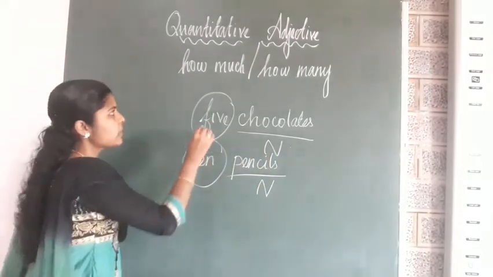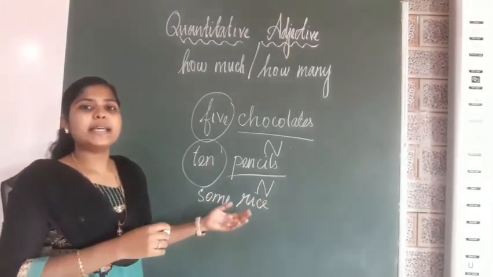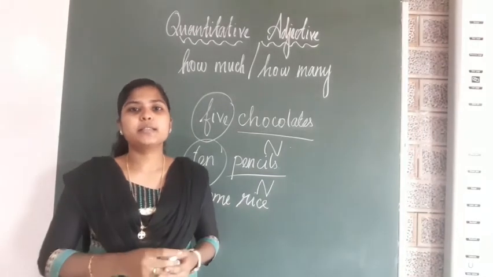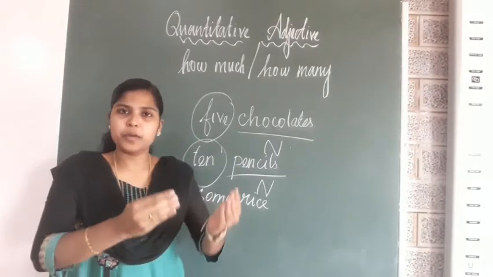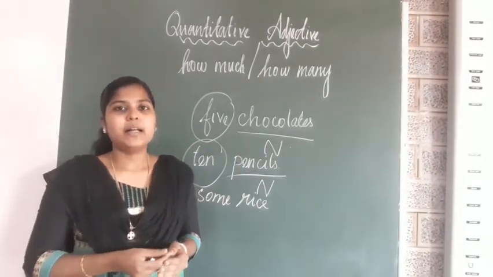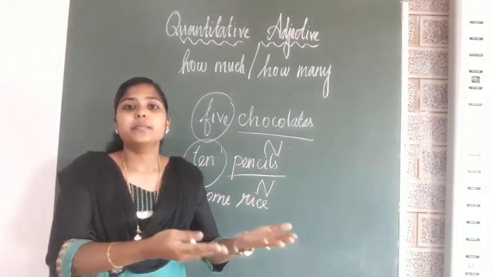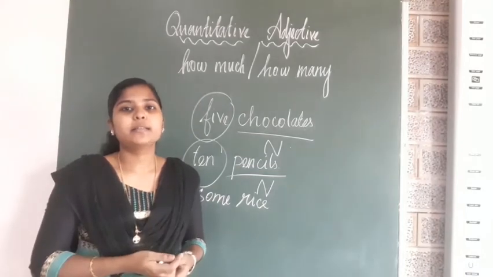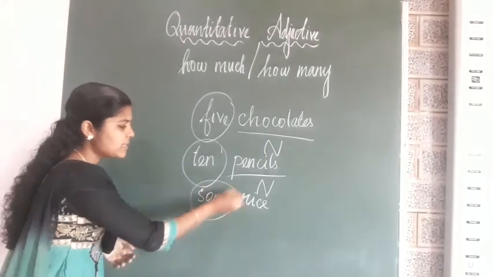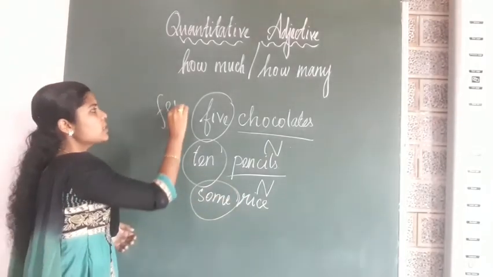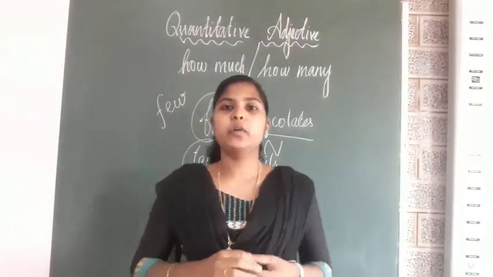If I am saying some rice, can we say 10 rice on the plate, on the tray? Can we say no? We can say few or some, isn't it? We can't say 500 rices on the table or on the plate, in the bowl. So for that we are using some. We can also use few. Few students did not do the homework.